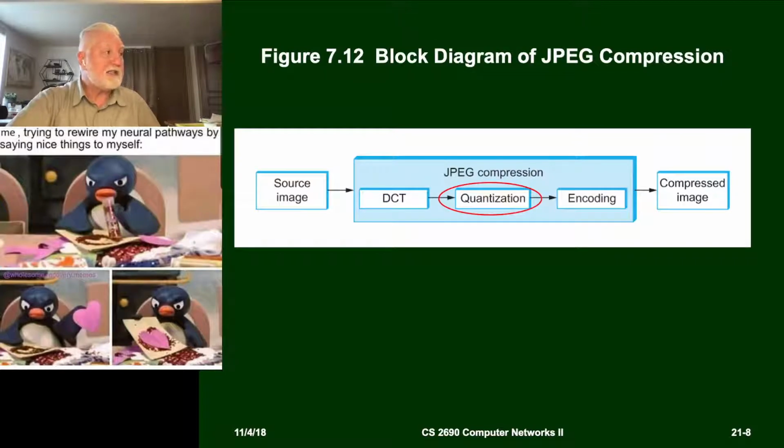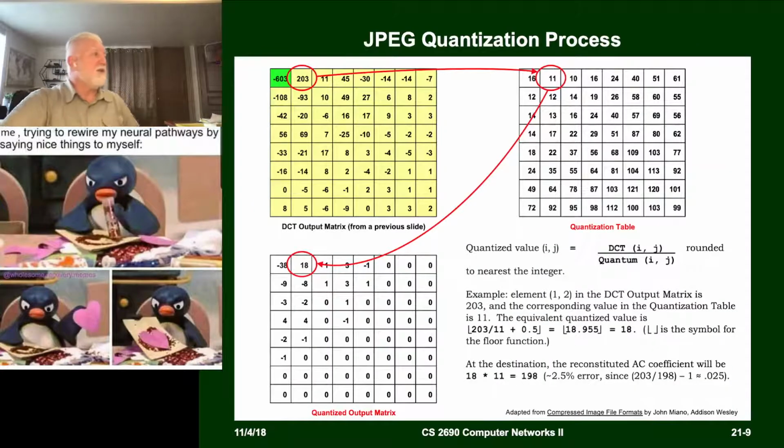Having done this DCT, I can now perform this quantization. Here's how we do it. We take that DCT output matrix, which we talked about before, and now, what is this quantization table?